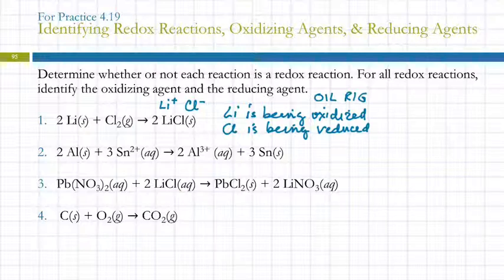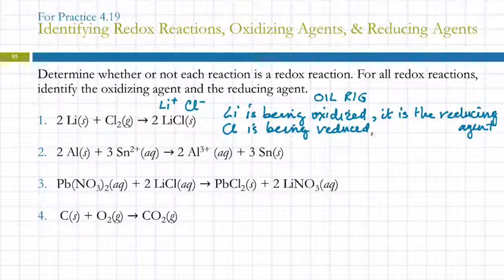Because the movie star stars in the movie. The movie agent does not. So lithium is being oxidized. It is the reducing agent. The good news is this is not a big deal in the class.